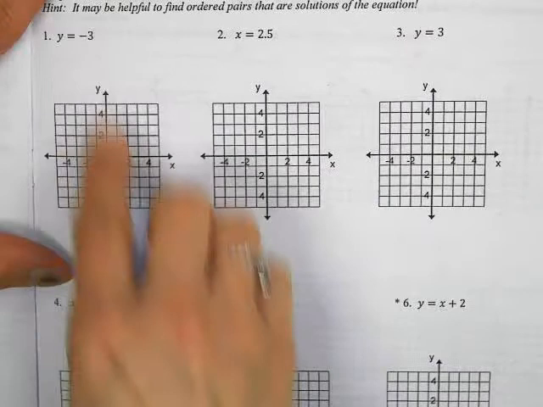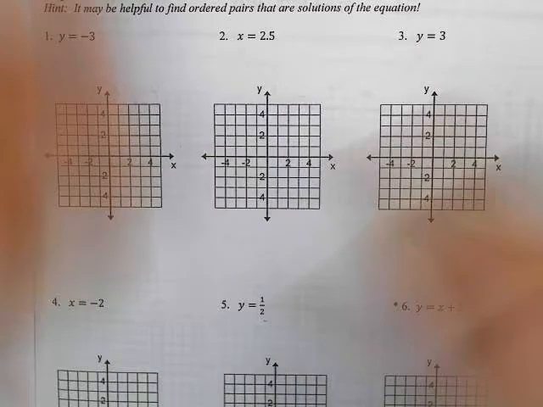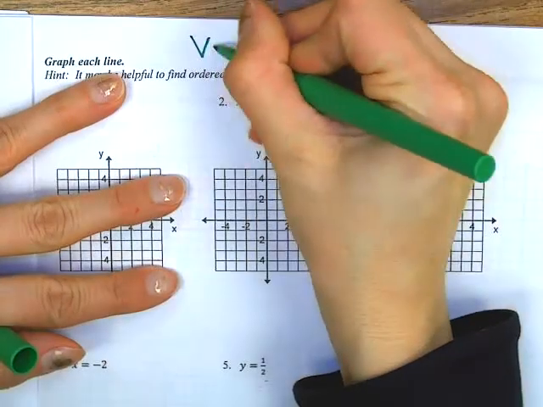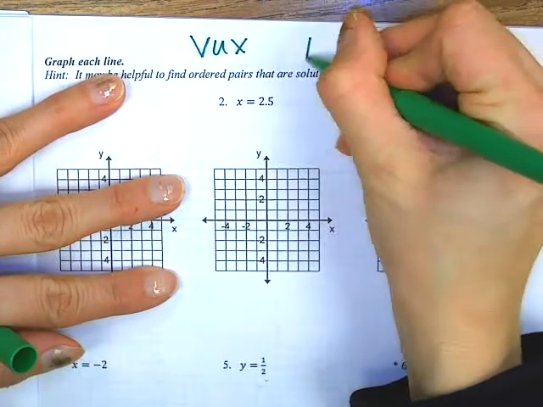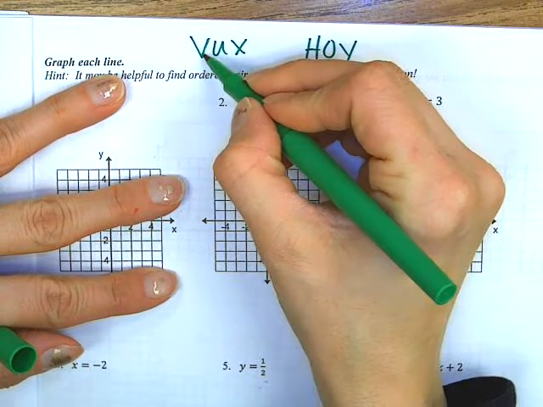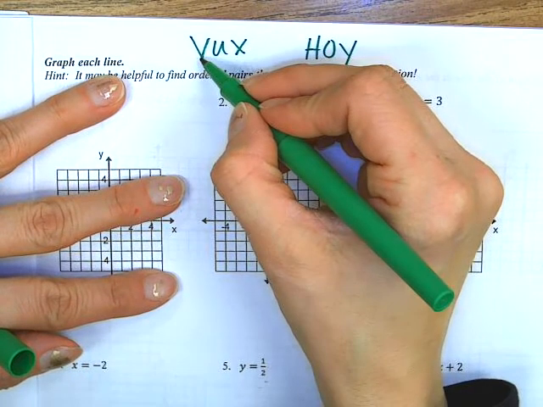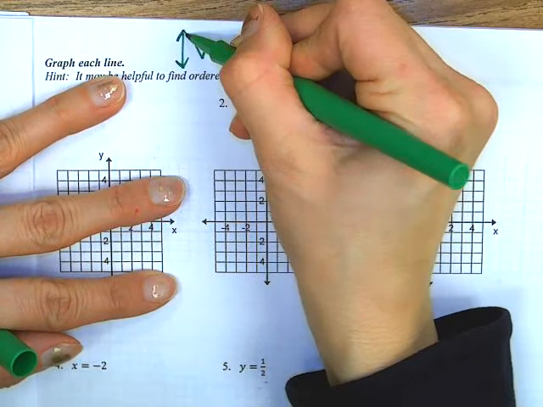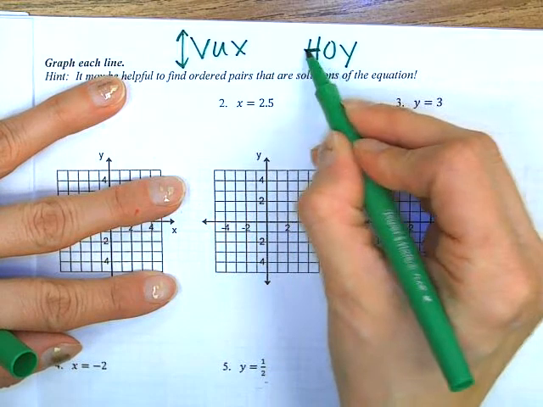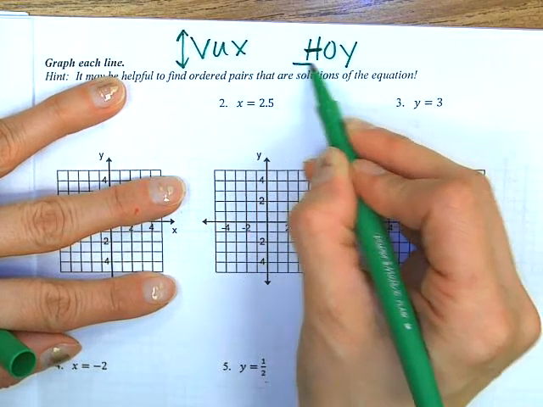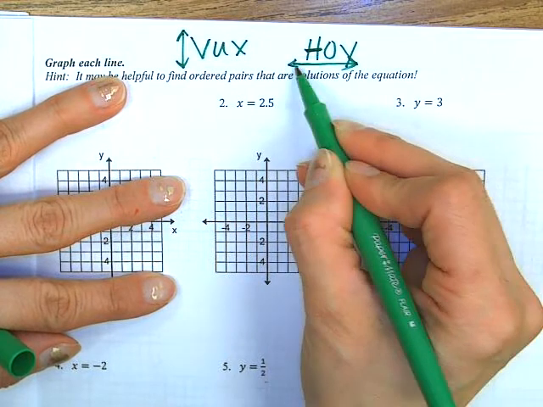The first one is y equals negative 3. I am going to write across the top of my paper here, Vux-Hoy. V stands for vertical. Vertical goes up and down. And this little stick right here helps me remember horizontal. It goes left and right.